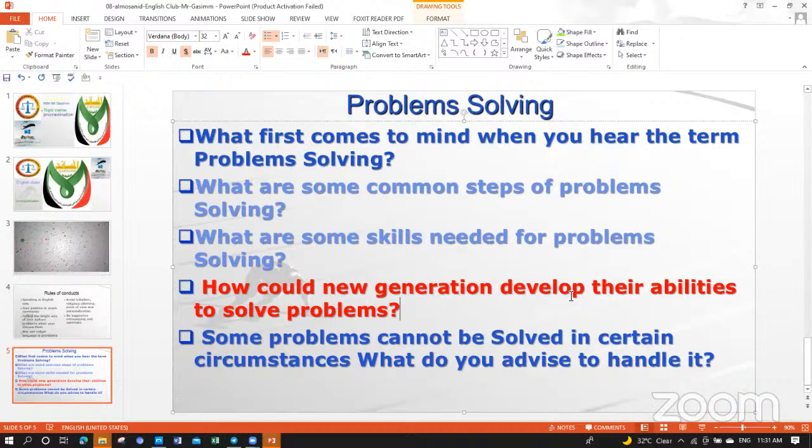Also, the new generation, they have the ability to solve their problems, like brainstorm. Yeah, nowadays they make something which is called brainstorm to solve the problem. They use their brain, not the muscles, because this is more wisdom than anything.